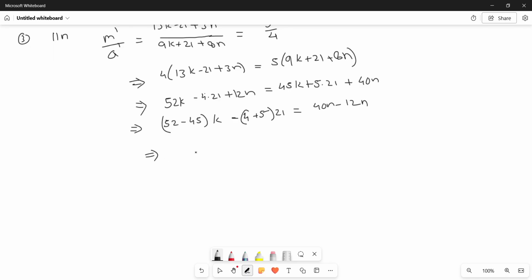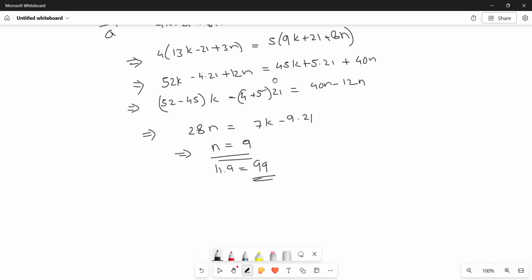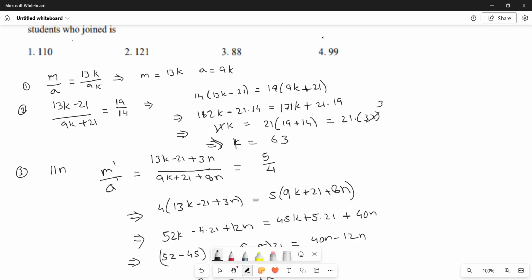So this will give us 28n equal to 7k minus 9 into 21. Upon simplification, this will give us n equal to 9. So the total number of new students is 11 into n, that is 11 into 9, which is 99. So that is option 4.